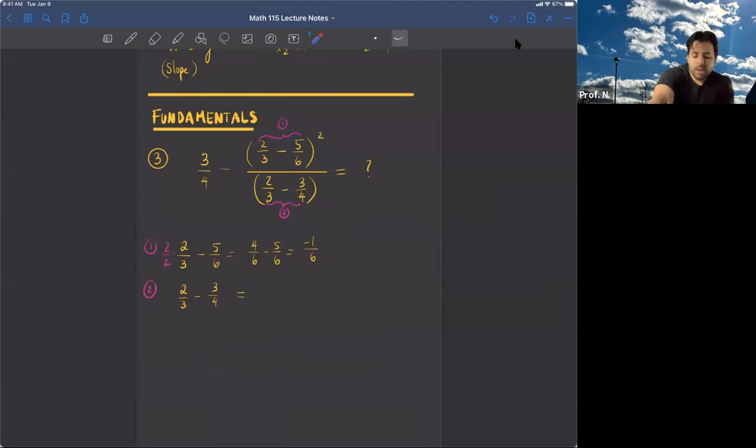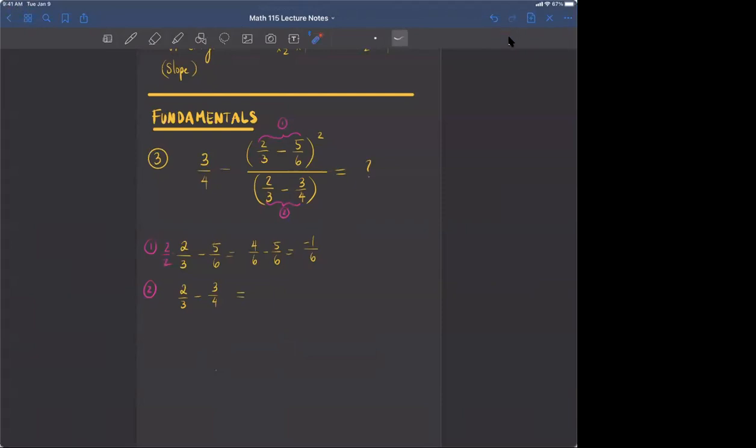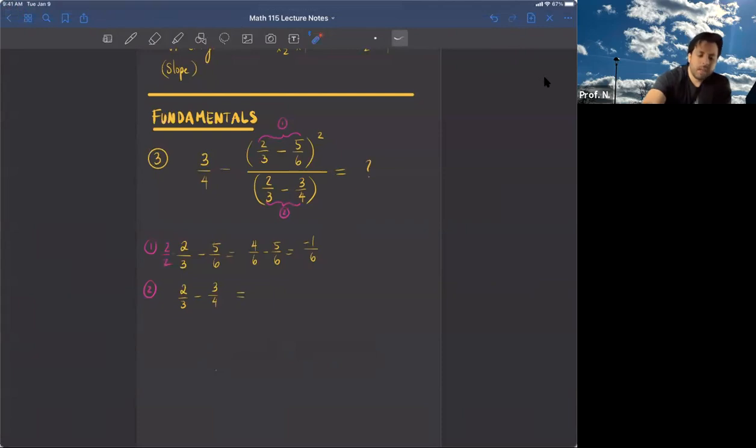Anybody, how do you combine 2/3 and 3/4? 12, right? 12 has to be the common denominator. So what must I multiply this by? I must multiply this fraction by 3/3 and this by 4/4. So then I get 8/12 minus 9/12. That equals negative 1/12.